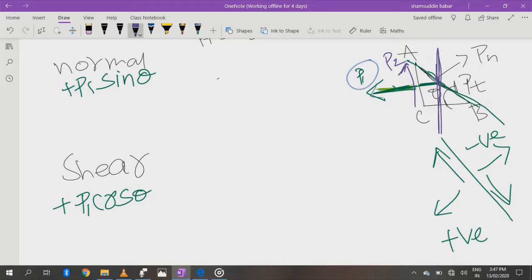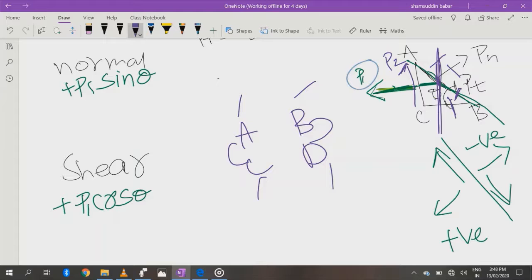Now I know that this and this line are perpendicular, and this line is perpendicular. For example, if we have four lines A, B, C, D, and A and B are perpendicular, C and D are perpendicular, then the angle between A and C will be equal to the angle between B and D.